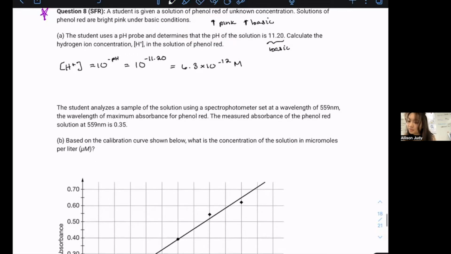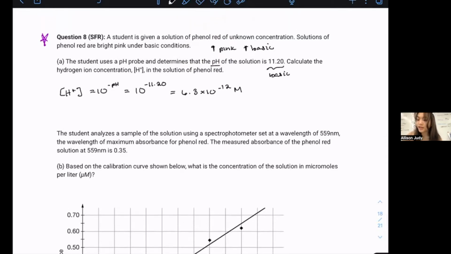Okay, so in case you were wondering, why didn't I use pOH? It's because when you see a basic value in pH, you don't have to automatically switch to pOH unless they specifically tell you this is the OH concentration, or the pOH. But notice this was all in terms of pH, so I could easily determine my H+ value because it was given to me in the perspective of pH in the first place.